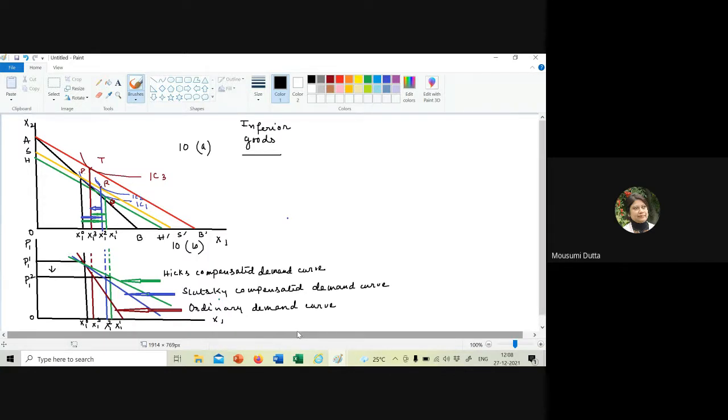The question is whether the consumption will settle back to the original level. For Slutsky, I'll get this change. For Hicks, I'll get this change. However, for ordinary, I'll not get this change. It is not that easy to come back to the original solution.